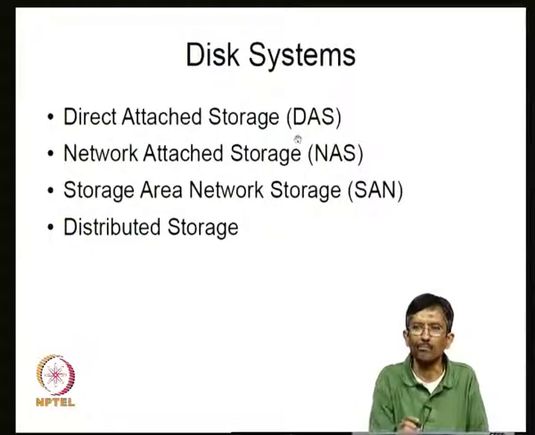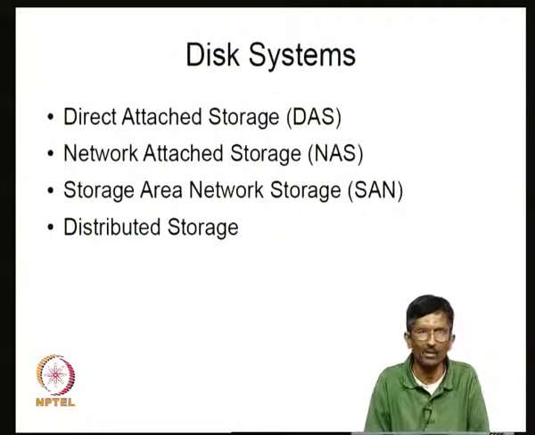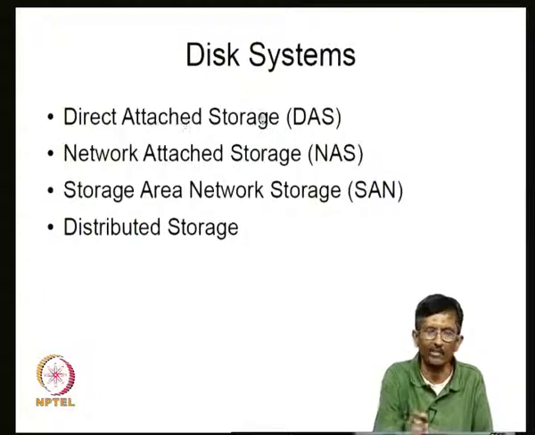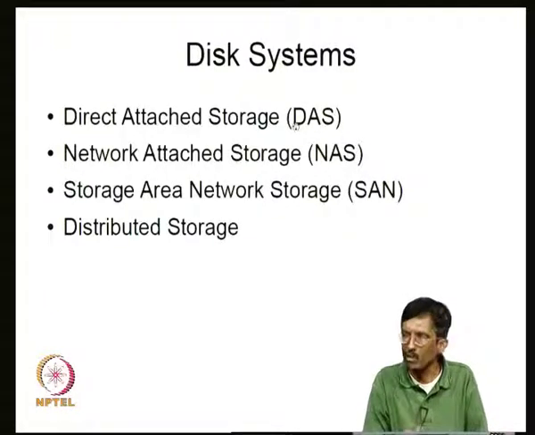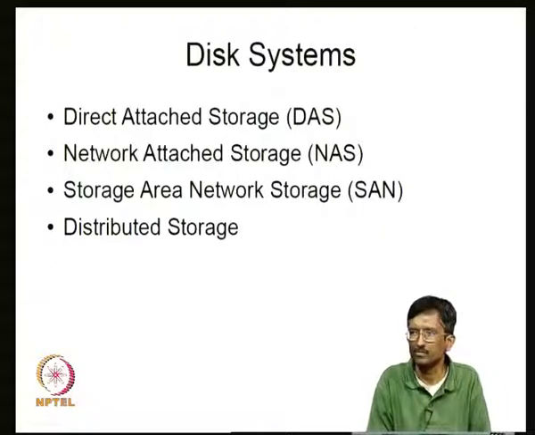What is this? This is a typical PC kind of situation. In a PC, you have a disk attached to the bus, PCI bus, and this is what is called direct attached storage. But of course, in larger systems, you will have many more disks attached to the same bus. For example, even on your PC, typically you can easily put in about 2 disks or 4 disks.